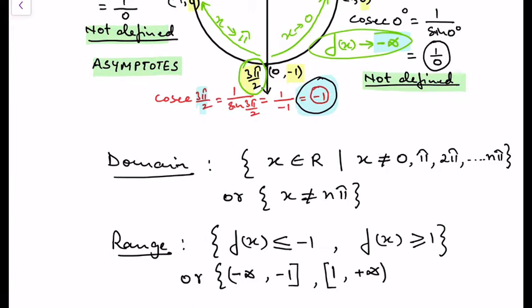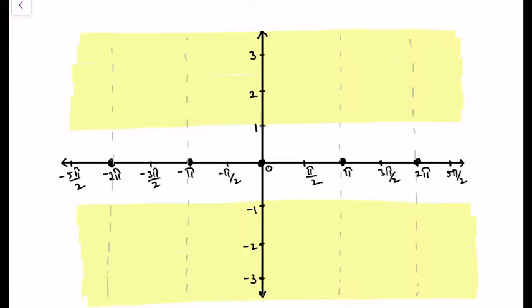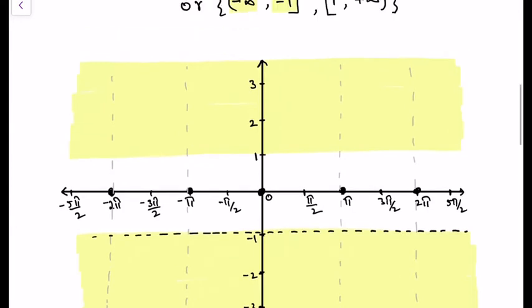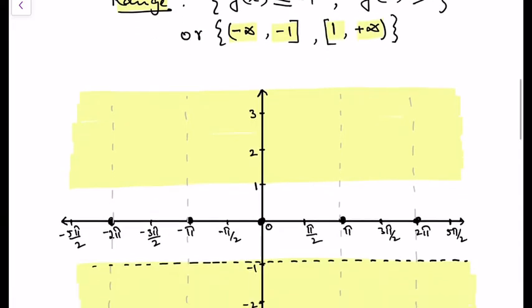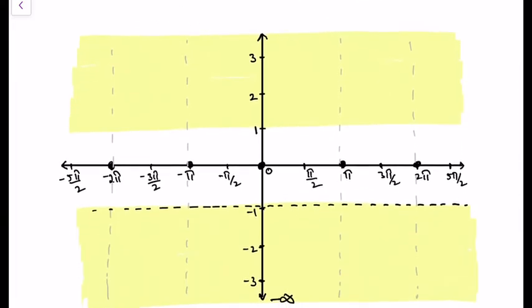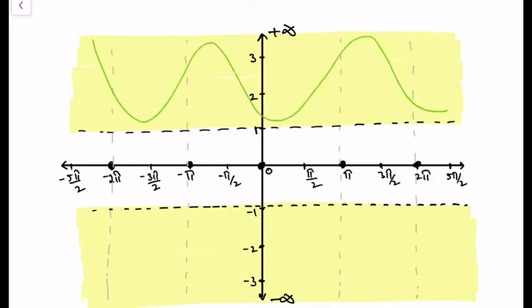So a graph will be in this yellow shaded area.